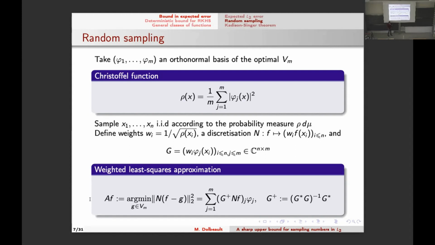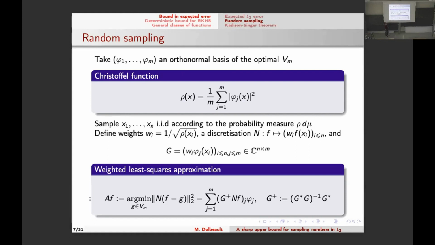So here I can rewrite it as a sum of squares of f of xi minus g of xi, with weights wi squared on top. This is why it's called least squares. And we see that if I remove the n and took the L2 error, I would be optimal. So what I'm saying is that I want this discretizing of the function and taking the discrete norm to be close to the continuous L2 norm, which measures my error.